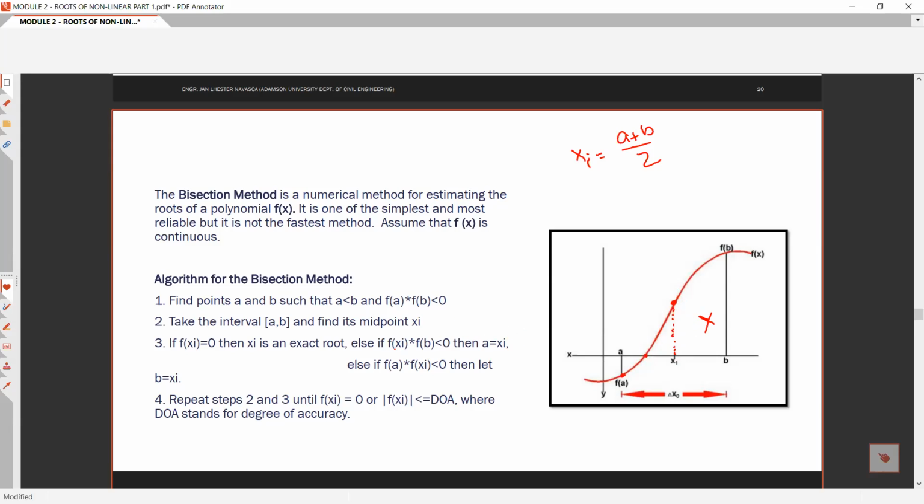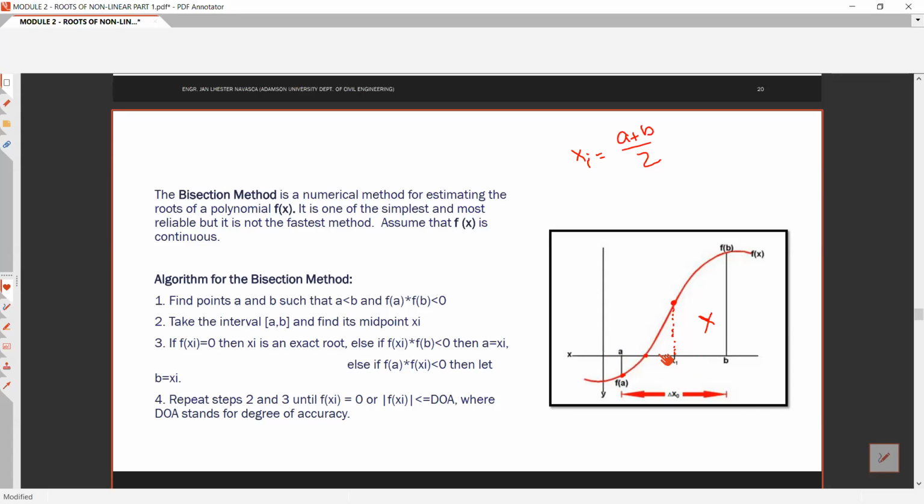If the product is neither positive nor negative, you won't do this. But if f of a times f of xi is less than 0, then xi becomes the next upper boundary, so it becomes your b again.